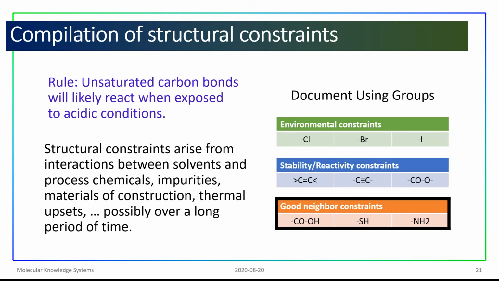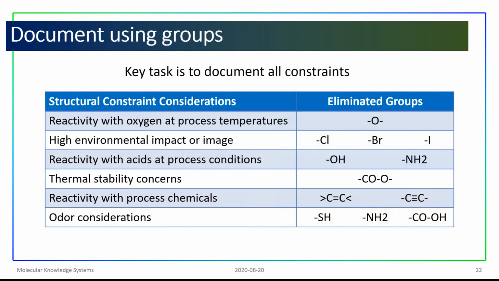And nowadays, we are seeing more of what I call good neighbor constraints. Some solvents may be very good, non-hazardous, and safe for the environment, but they may smell bad. As we said, one of the very important tasks of a software tool is to document the decisions made during the solvent selection process. Using functional groups is a very robust and very easy method for performing such documentation.